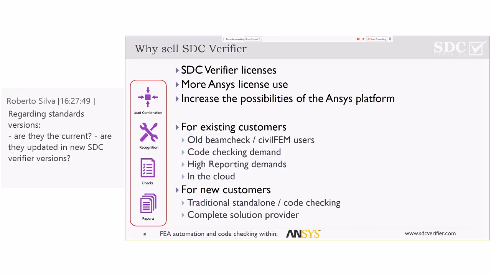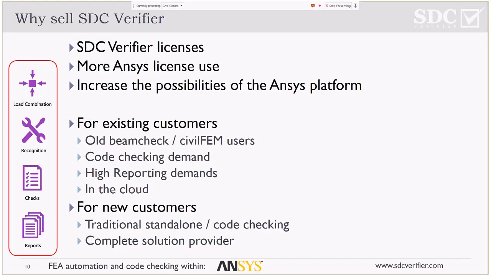For the first quick step to be able to sell, I would suggest to point at the customers who use the old BeamCheck and CivilFem programs. I think the BeamCheck is called Beamst or something, and FatCheck for fatigue.